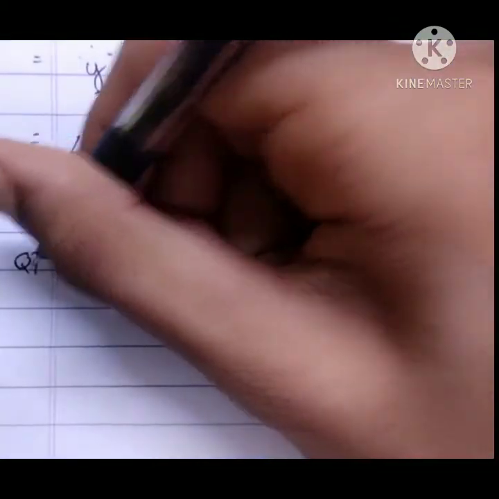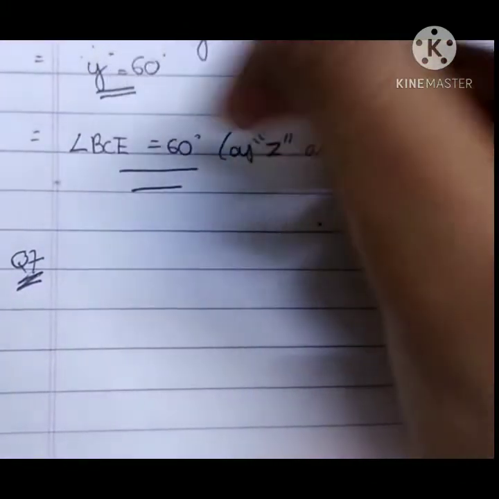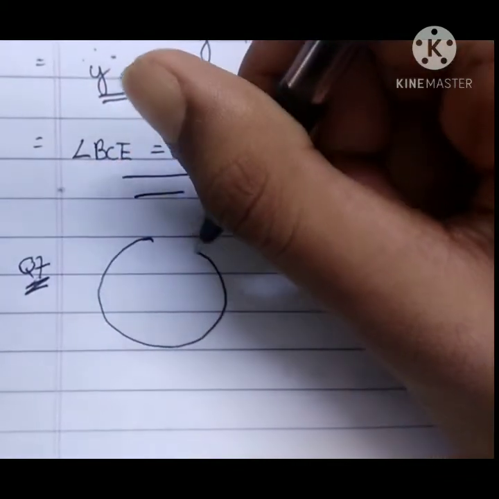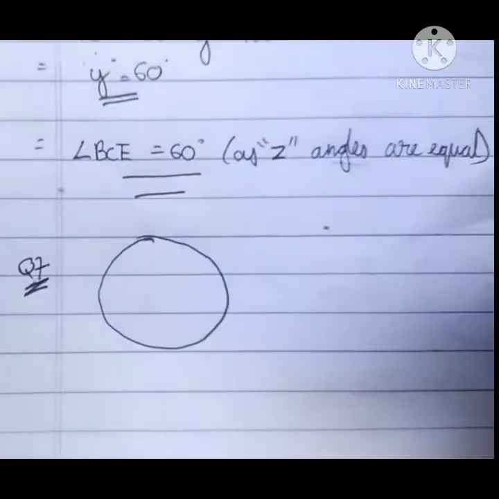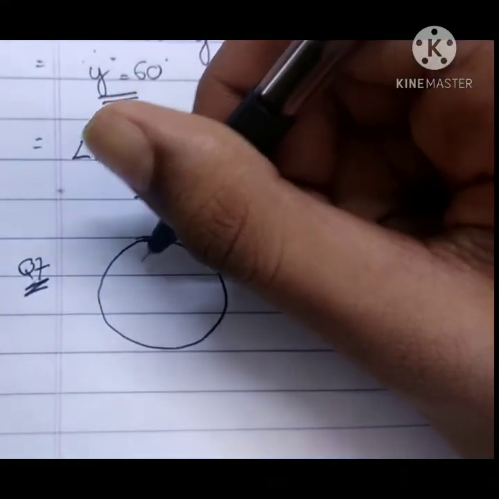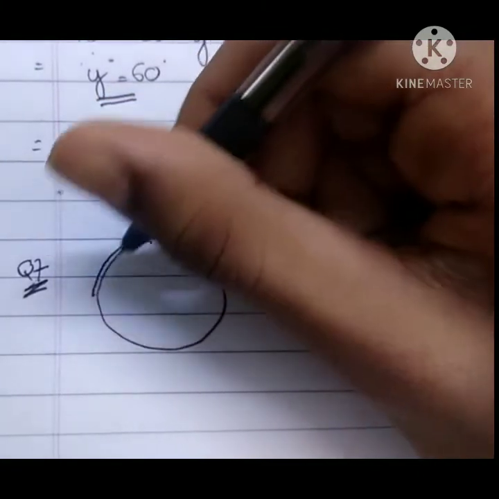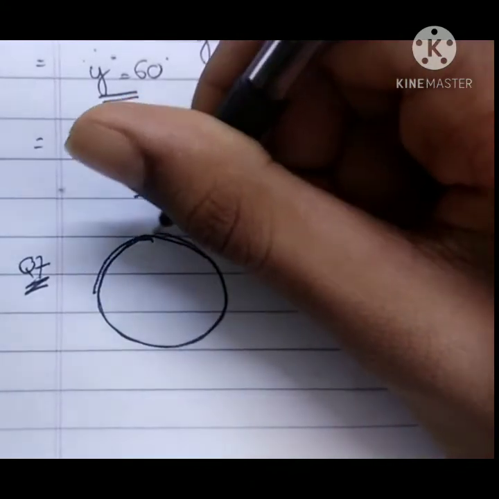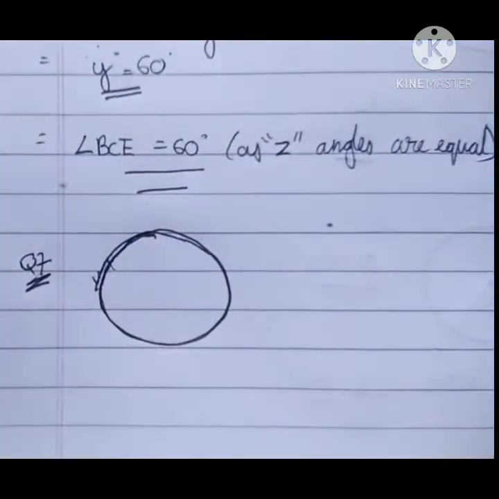So there is a circular field, like this, and we have to fence it at the rate of 24 rupees per meter. Fencing cannot be done in this area. Fencing is always on the circumference, the perimeter of the circle. This is the circumference, I hope you all know.